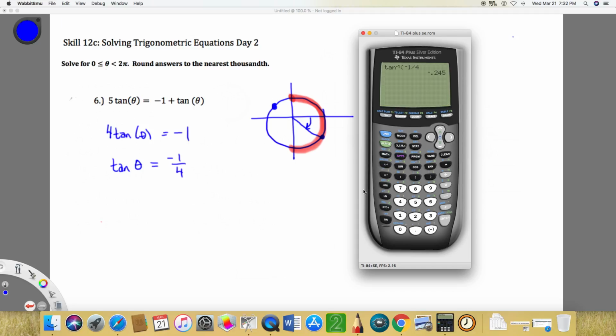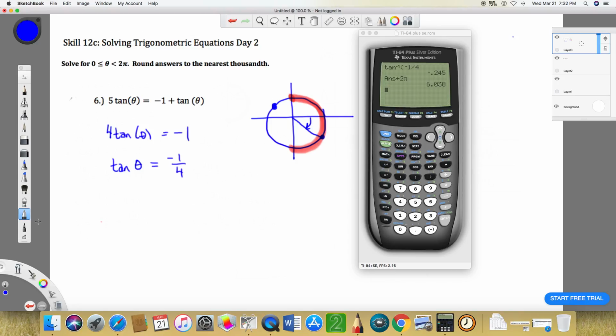So let me find a coterminal angle to that by simply adding 2 pi. If I add 1 complete revolution, there we go. There's a solution to this equation, and 6.038 is between 0 and 2 pi because 2 pi is about 6.28.